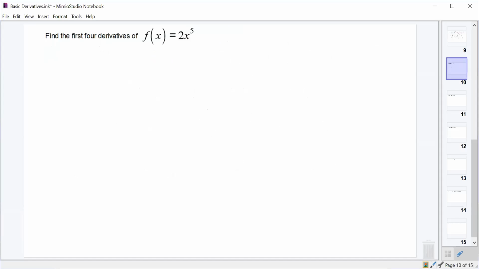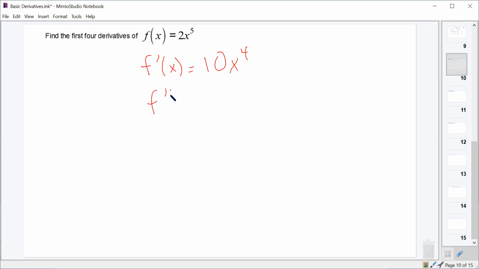So let's find the first four derivatives of f of x equals 2x to the fifth. So what is f prime of x? 10x to the fourth. Great. And f double prime, the second derivative, ought to be 40x cubed.